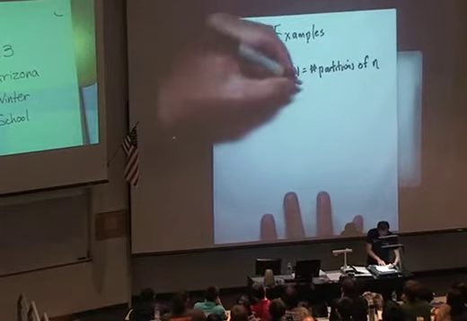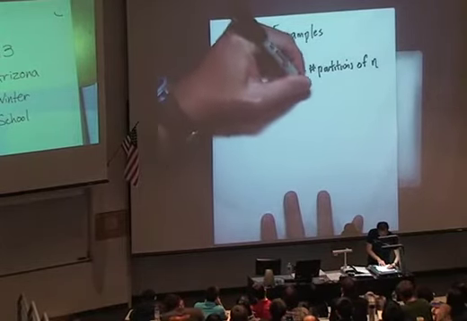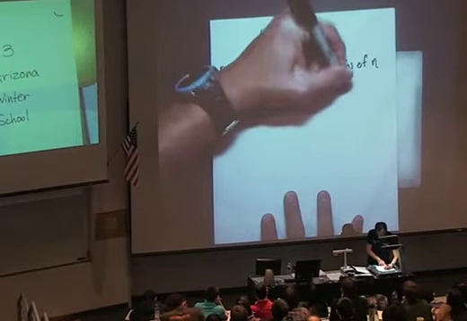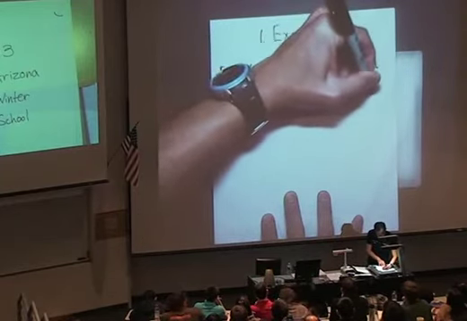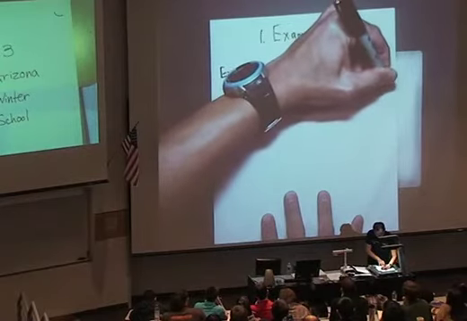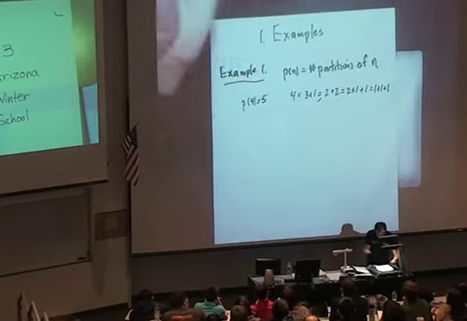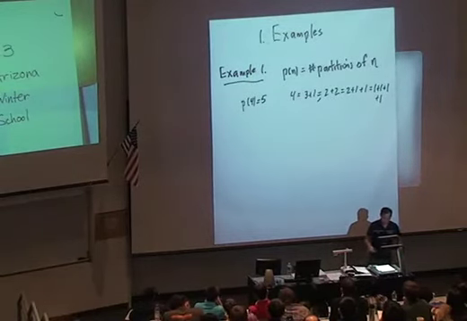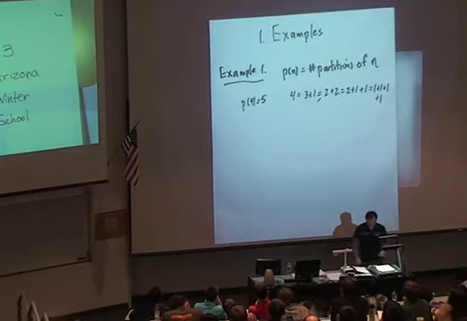Why? Well, because it is. If you count the number of partitions of 4, there's 5 of them, and P of 4 is 5.